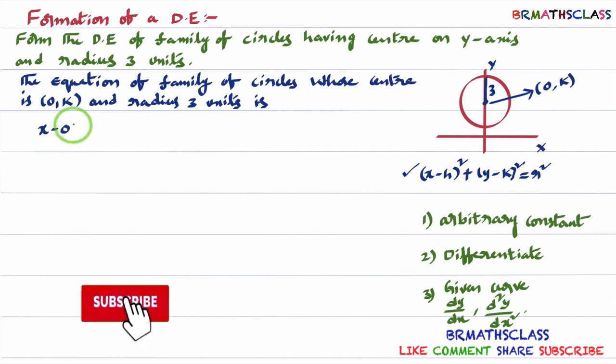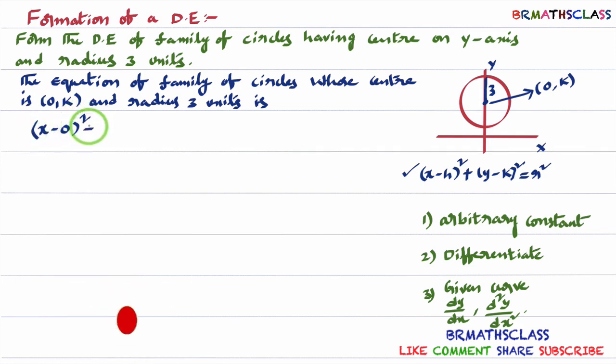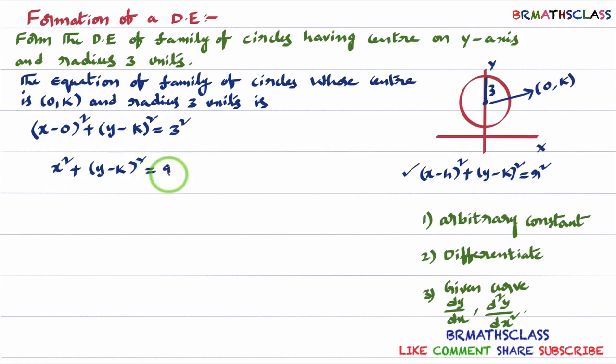So (x − 0)² + (y − k)² = r², where r is the radius of the circle. Here r is 3, so 3². Simplifying, x − 0 is x, so x² + (y − k)² = 3², and 3² is 9. We got the equation of the circle whose center is (0, k) and radius is 3 units.